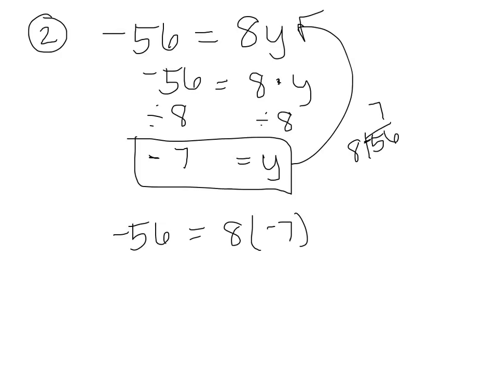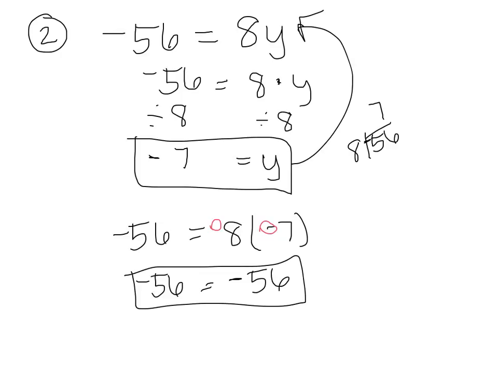Remember, when we're multiplying and dividing numbers, we look at the signs of our original problem. I have a positive and a negative, so I know my answer is going to be negative because they are different signs. And 8 times 7 is 56. Bring down my negative 56, and yes, my answer checks out.